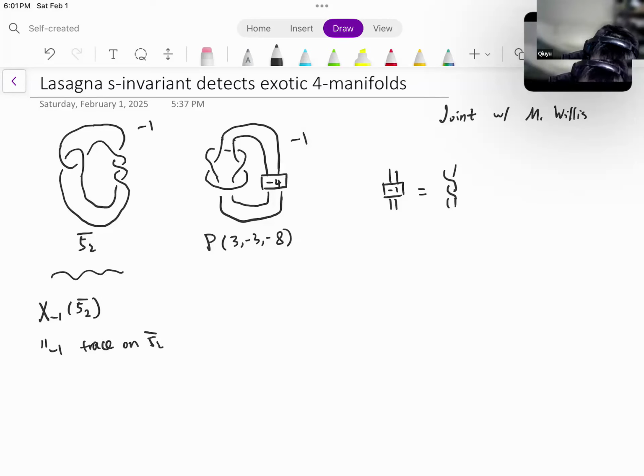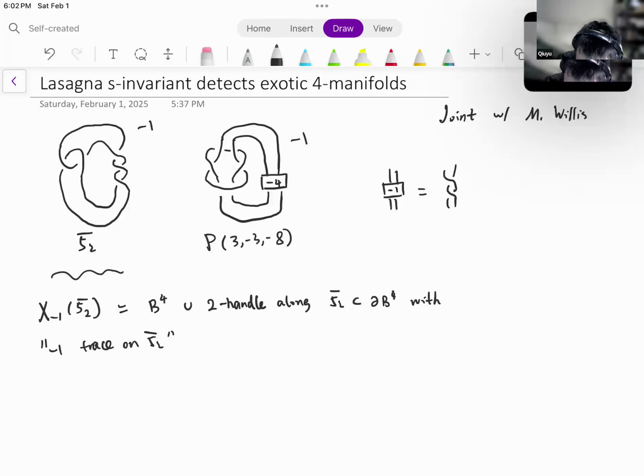It's obtained by starting with the 4-ball, whose boundary S^3 contains my knot, and attaching a 4-dimensional 2-handle along this knot in the boundary, with framing -1 relative to the Seifert framing.